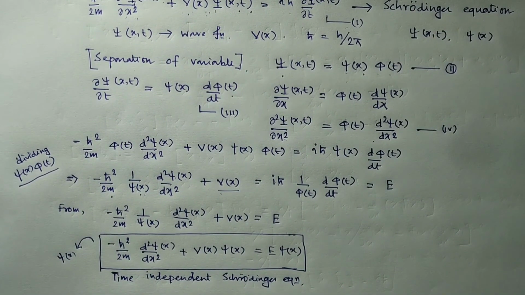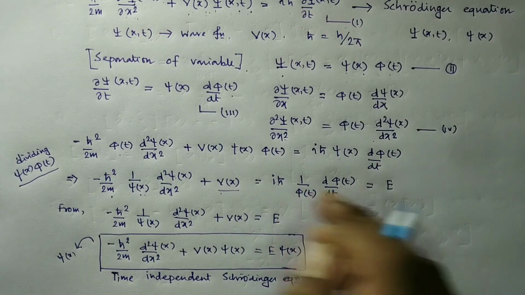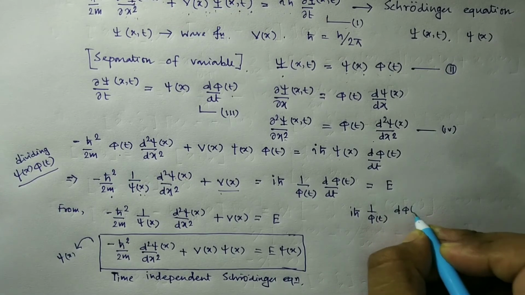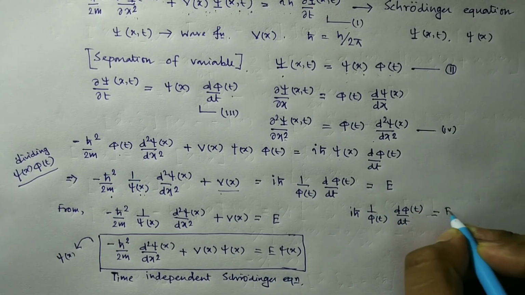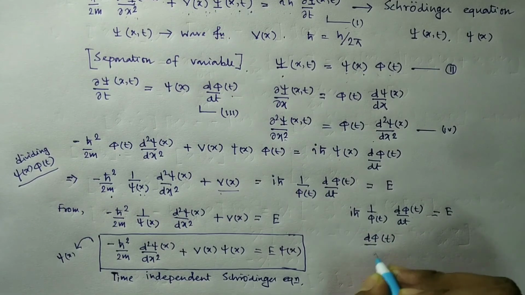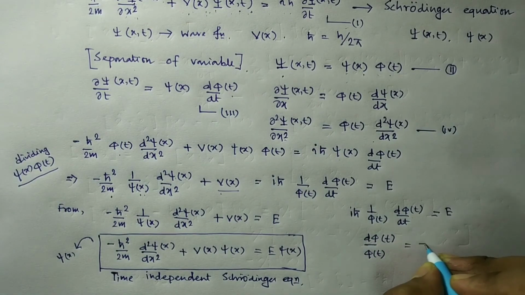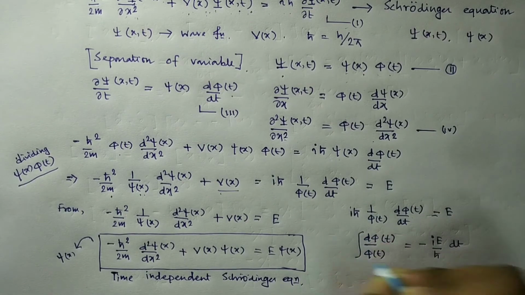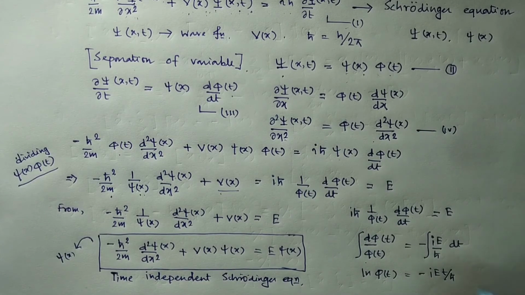Okay. Again, from the right hand side we have iħ (1/φ(t)) dφ/dt equal to E. This is straightforward: dφ/φ equals −iE/ħ dt, and if we integrate on both sides, we have ln φ equals −iEt/ħ.